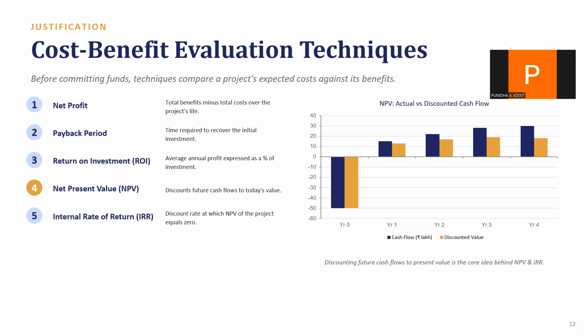Five key ones: net profit, total benefit minus total cost; payback period, how long it takes to recover your investment; return on investment, or ROI; net present value, NPV, which discounts future cash flows back to today's value; and internal rate of return, IRR, the discount rate at which NPV equals zero. That core idea of discounting future money back to present value is really the foundation behind both NPV and IRR.